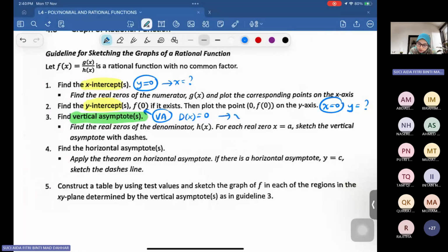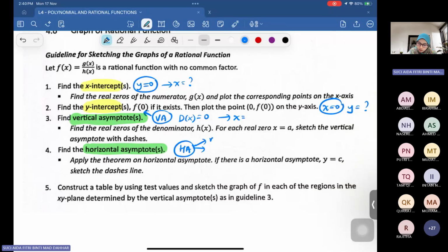Then you will get your x values. And then next, get your horizontal asymptotes. How do you get horizontal asymptotes? By comparing the power. Remember, there are 3 cases just now: when n is less than, when n is equal, and when n is more than. So your asymptotes will depend on these cases.